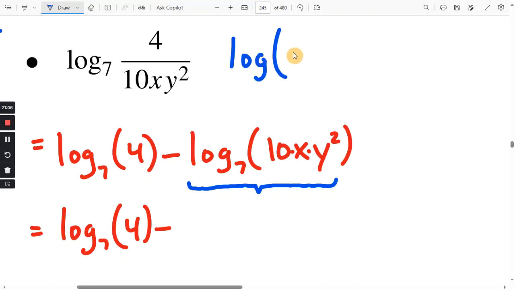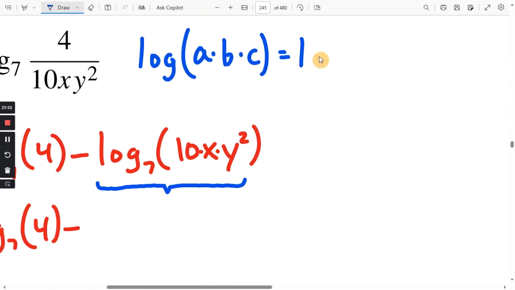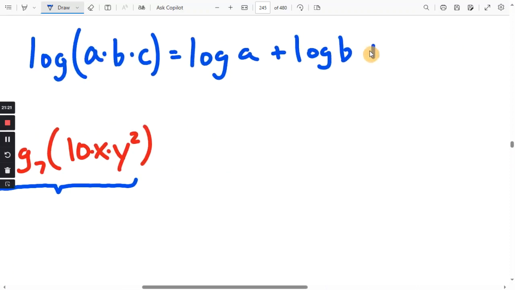If you have the log of A times B times C, you can easily make that log of A plus log of B plus the log of C. All right, so this is what we're going to apply to this right here.